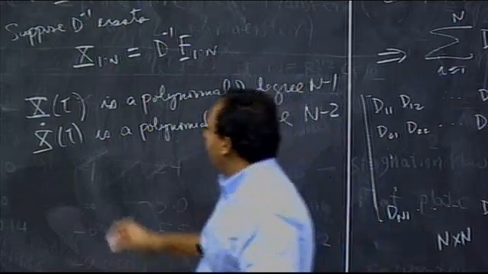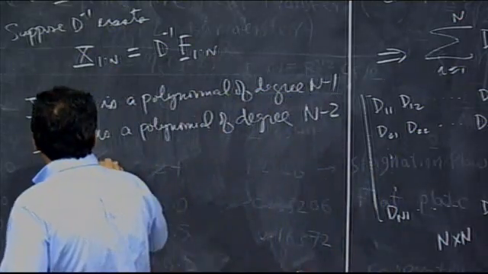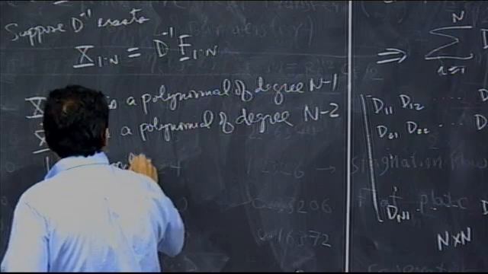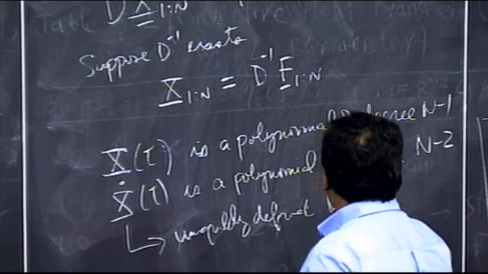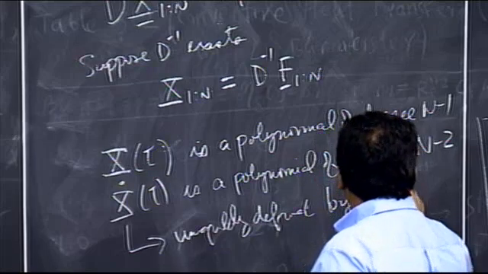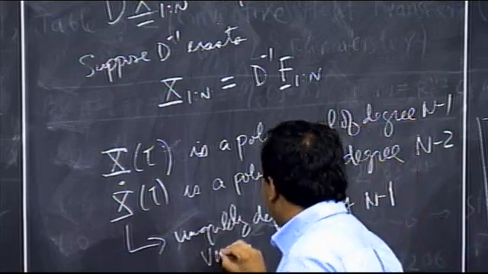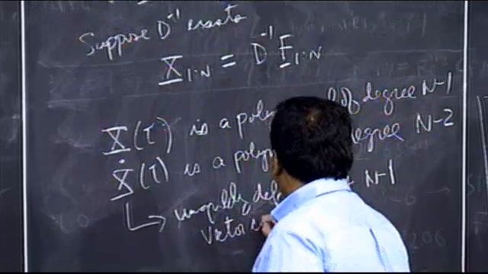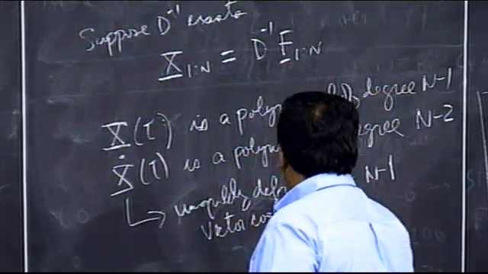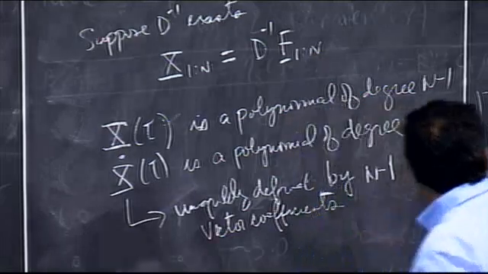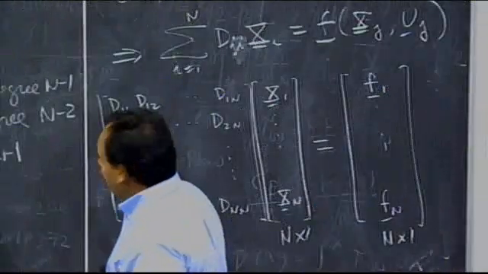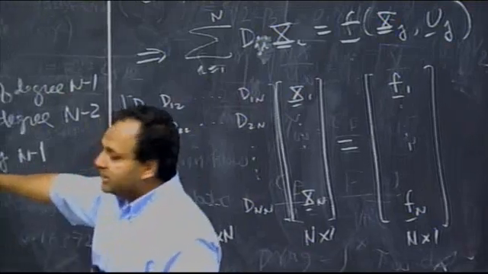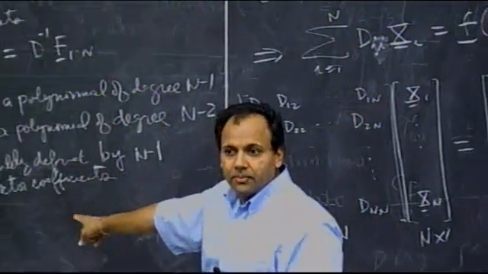N minus 1, right? This is uniquely defined by n minus 1 vector coefficients. But how many equations do I have there? N. So do I have more equations than I need to define this derivative polynomial or less?